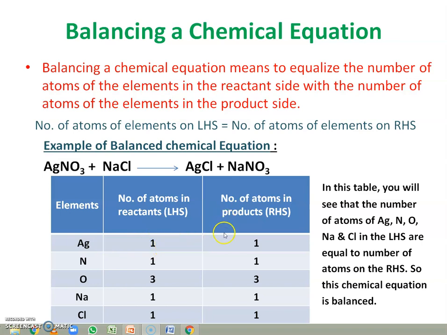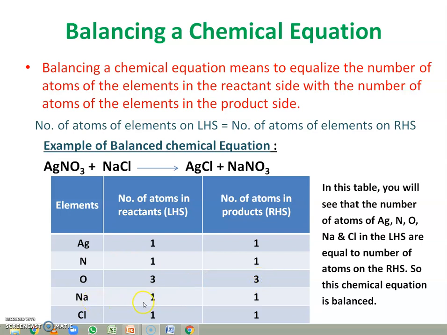On the product side, the number of silver atoms is 1. The number of nitrogen atoms on the reactant side is 1. On the product side, it is also 1. Oxygen atoms on the reactant side are 3. On the product side, their number is 3.